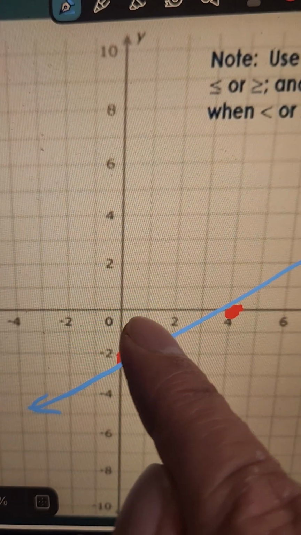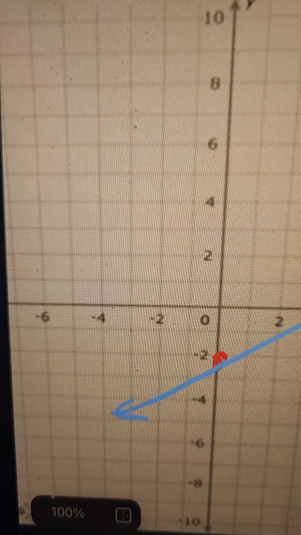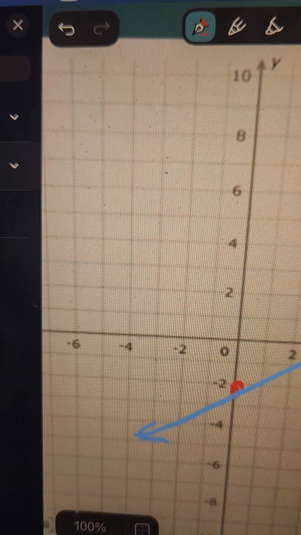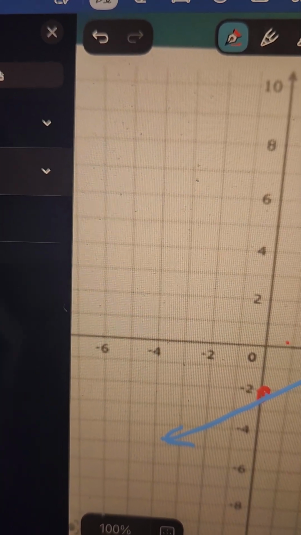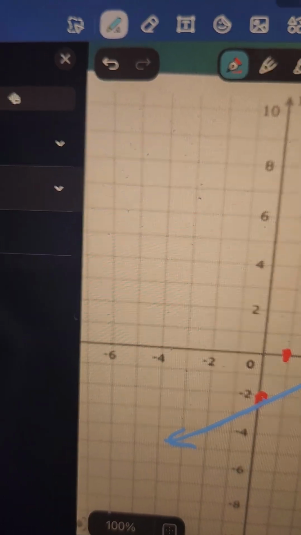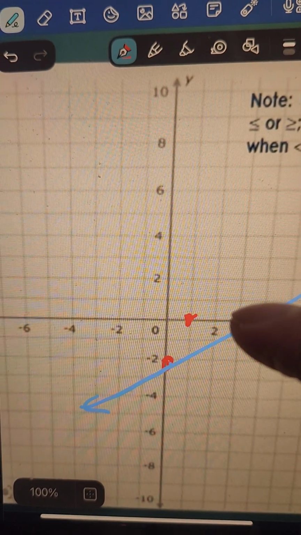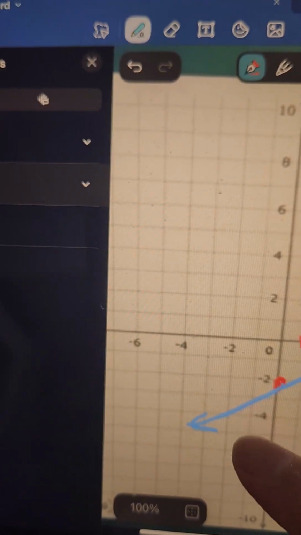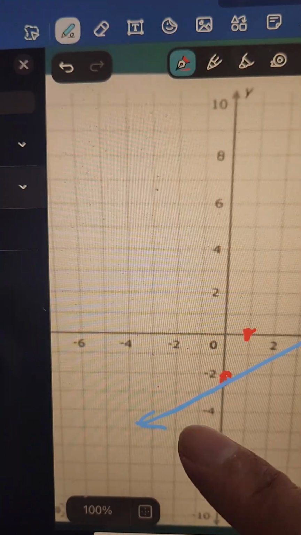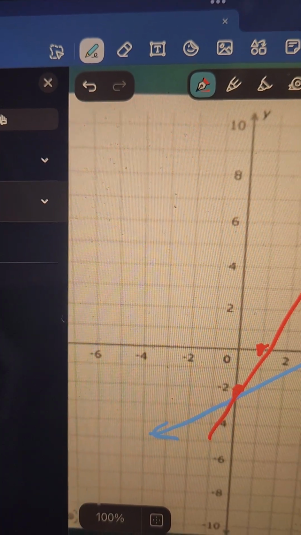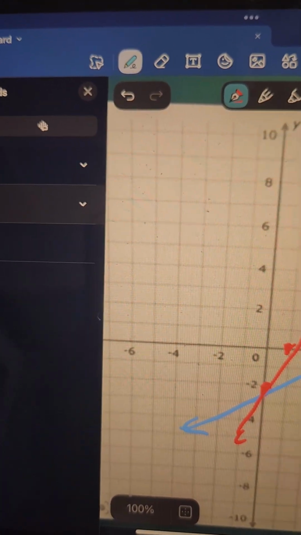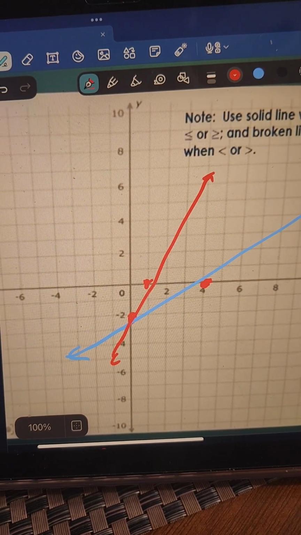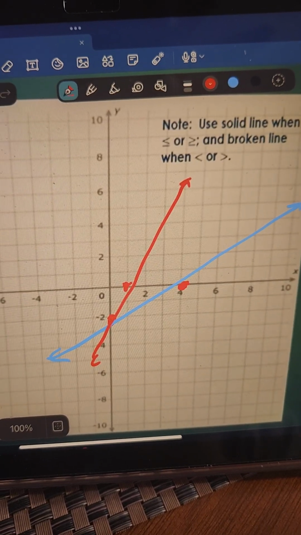So, ibig sabihin, andito si 2/3 natin. Around this area. Okay, malapit na siya sa 1. Okay? So, ito yung isang line. Okay. So, we will connect these 2 points. Okay, so kunwari straight line siya. Alright, so now you have those 2 lines together.